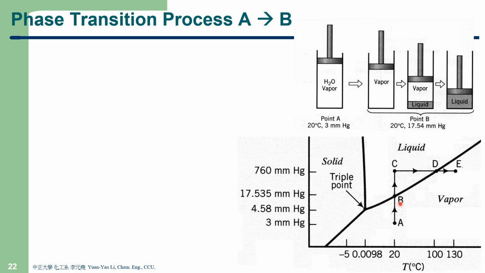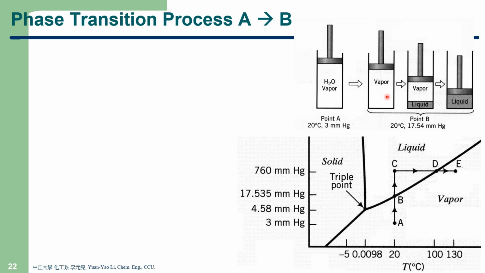Okay, and what happens when you move from A to B? You realize that when you get up to B, this is a two-phase system. On this line, there are always two phases. So when you move this, the pressure in this case will be 17.535 millimeters of mercury.